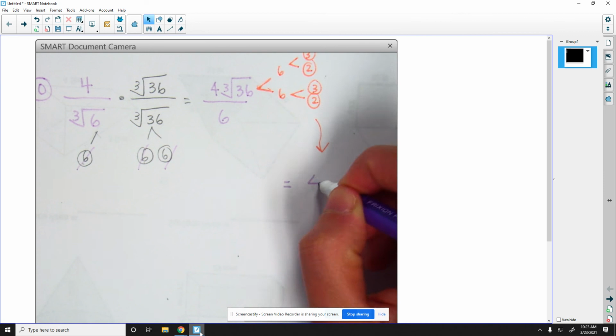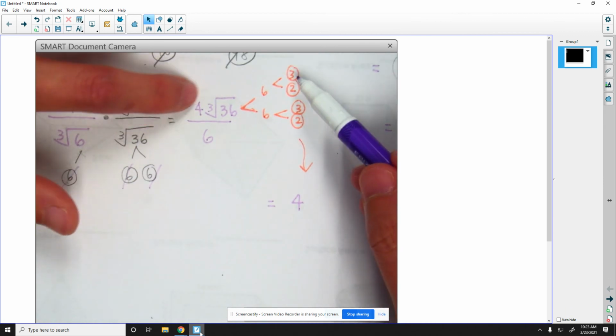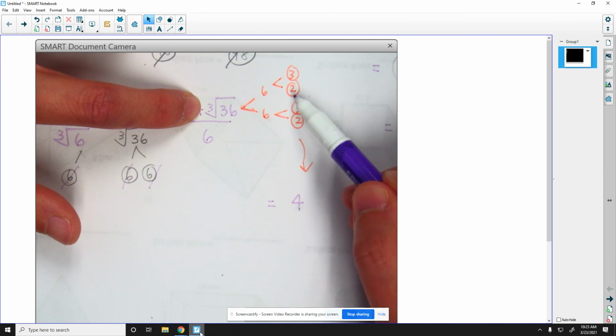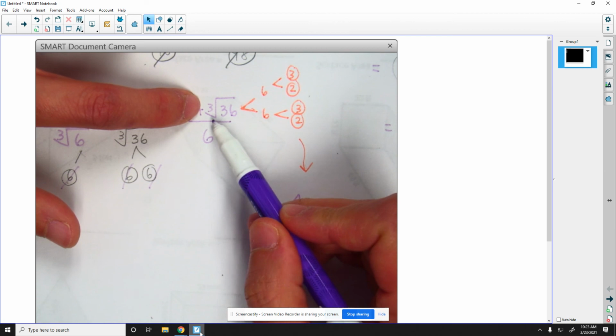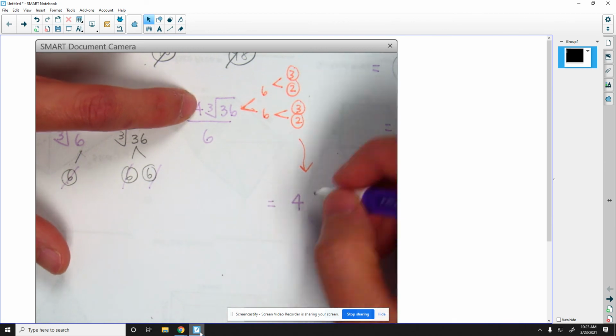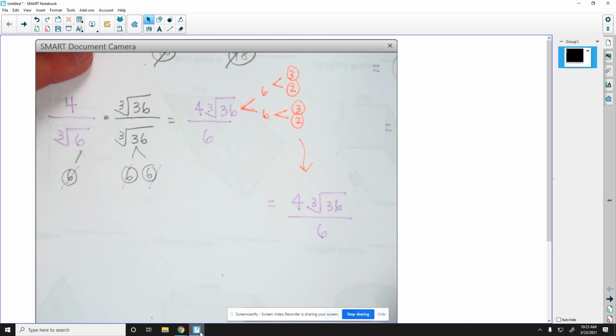So I had a 4 on the outside. This time I need groups of 3. Can I get any groups of 3 for this? No, right? I get groups of 2, but I don't want groups of 2. I want groups of 3. So this just stays cube root of 36 all over 6.